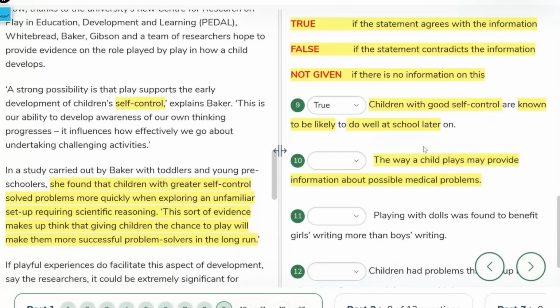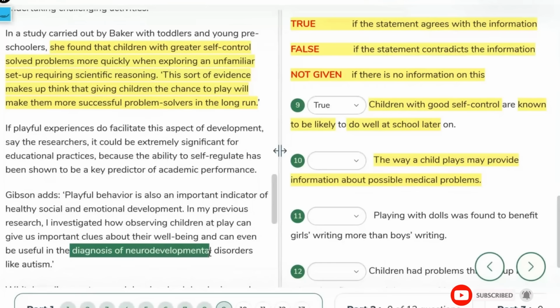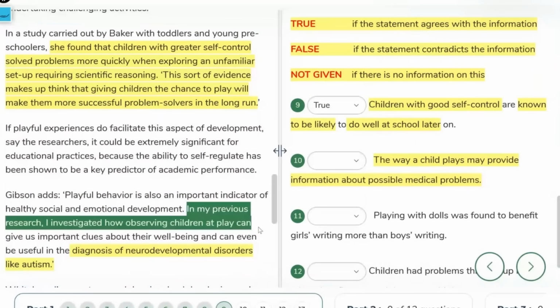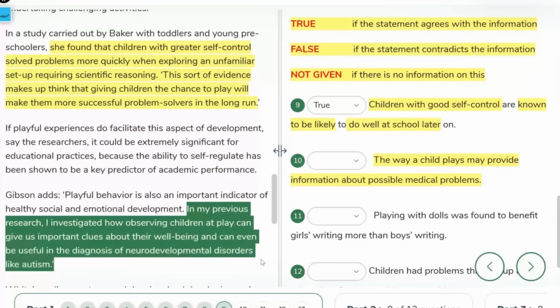So we go on and we are going to see where do they talk about medical problems. I can see medical terminologies here. Disorders here, right? So in my previous research, I investigated how observing children at play can give us important clues about their well-being and can even be useful in the diagnosis of neurodevelopmental disorders like autism.